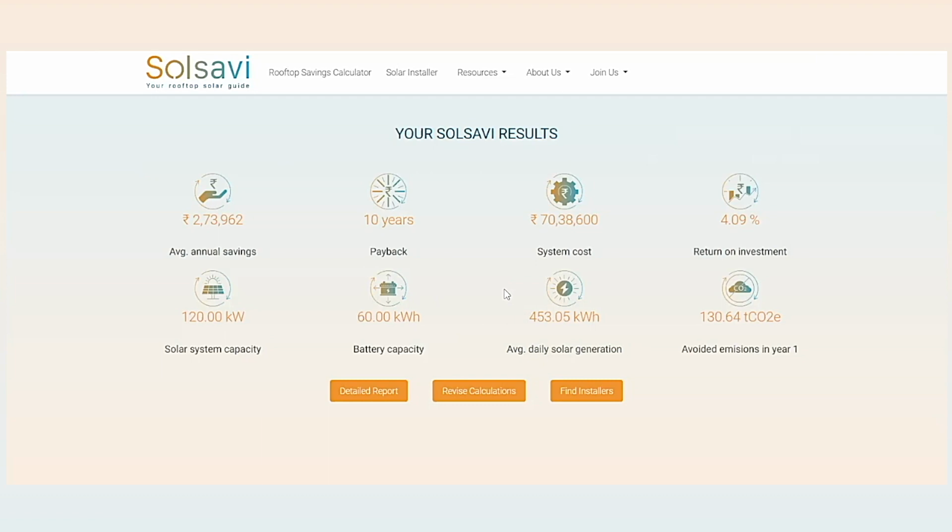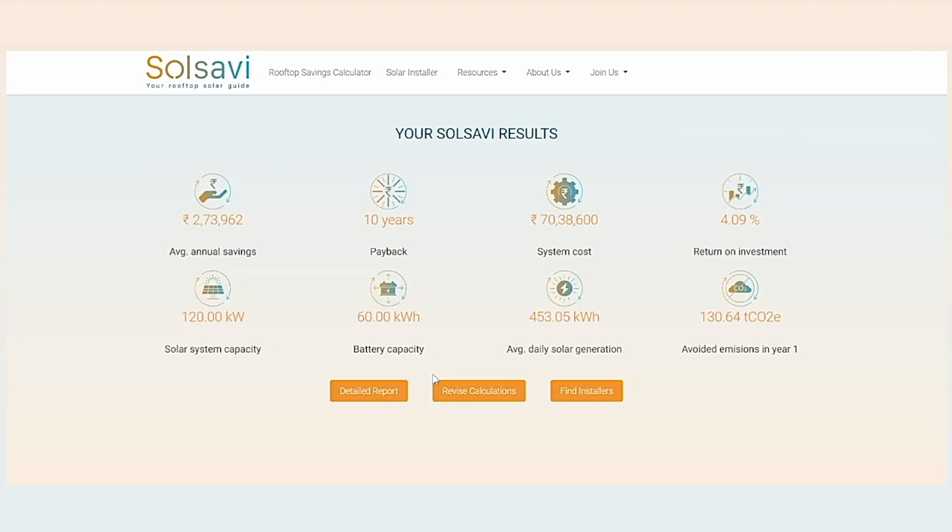You have a return of investment of 4% in this case, with a solar system of 120 kilowatt and a battery capacity of 60 kilowatt hour. The average daily solar generation is 453 kilowatt hours, and the avoided emissions in year 1 for the solar energy generated is 130 tons CO2 equivalent.